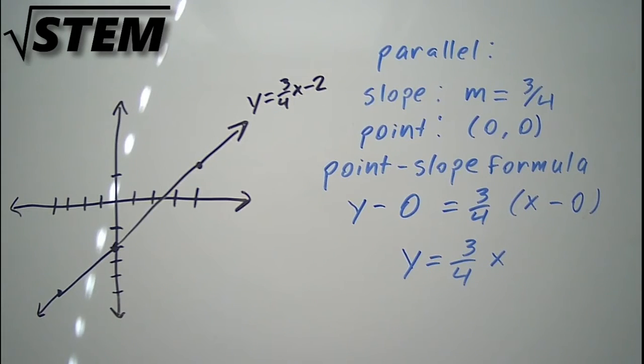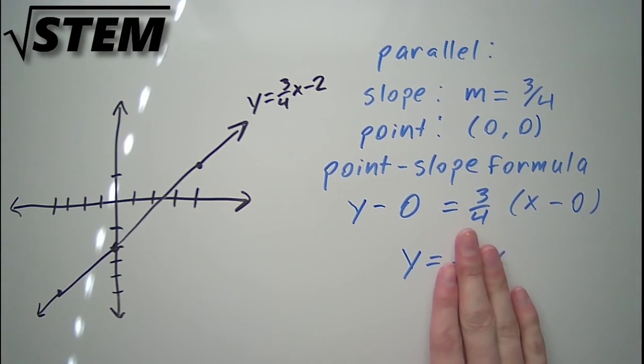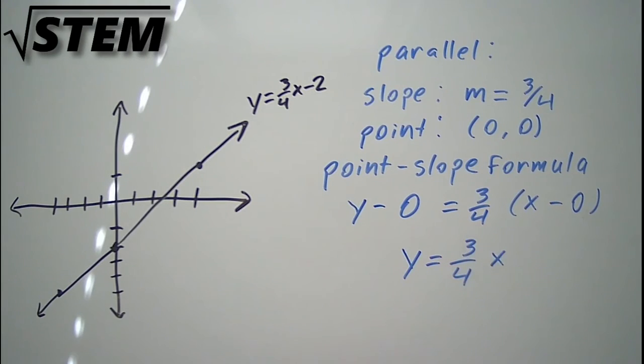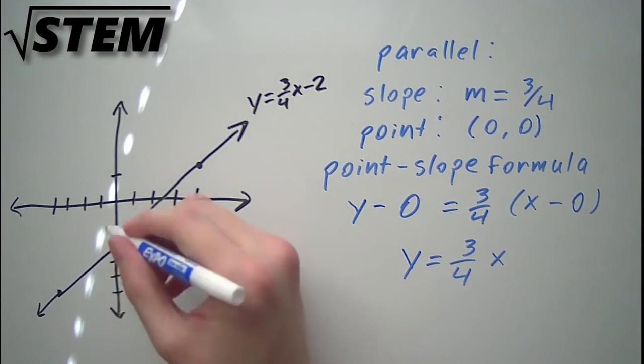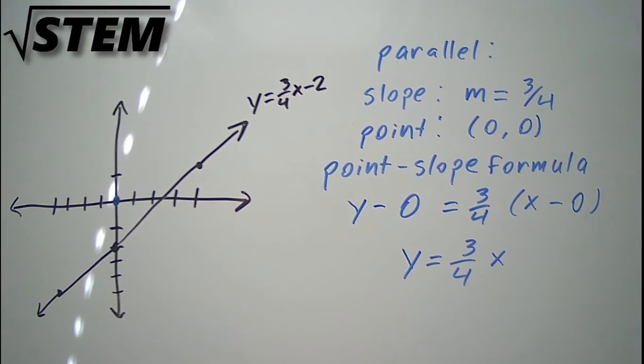To graph this line, we'll once again start with the y-intercept, but because we're not adding anything on here, the plus b is really just 0, so when x equals 0, y also equals 0. We'll start with that point, then following the slope like before, we'll go up 3 and over 4.